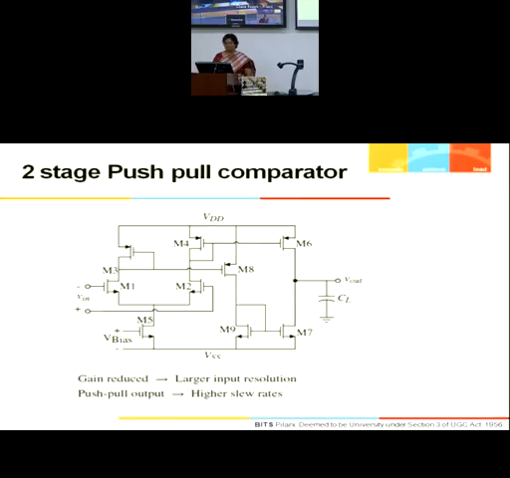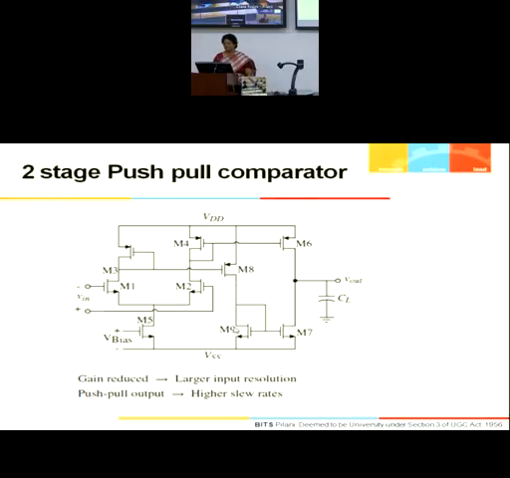Okay? So this is one output node. This is another output node. So one output node is fed to M8. This is a common source amplifier with a diode connected load.